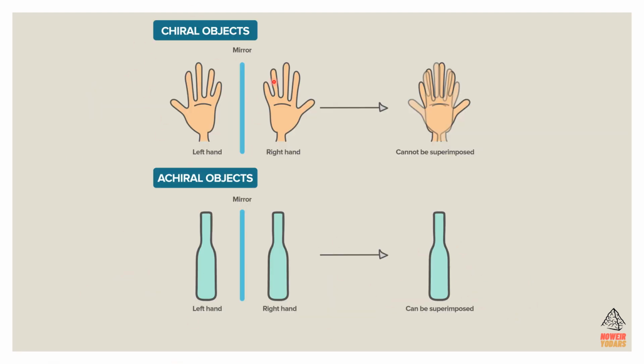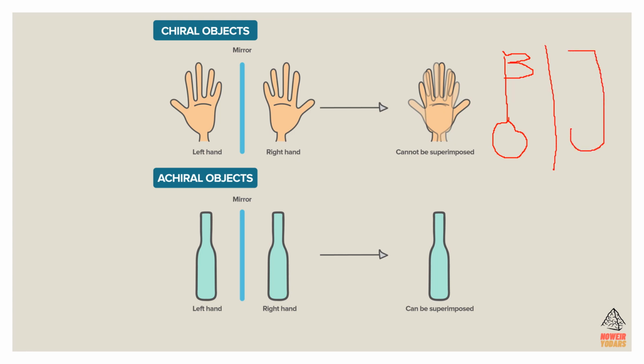So I wanted to describe what superimpose means with chiral objects and objects that have chiral centers. It means that when you lay them on top of each other, they don't fit. They're not the exact same image. Let's say you put a key in a mirror. Okay, that's a bad key.